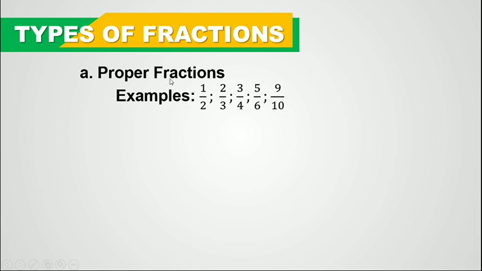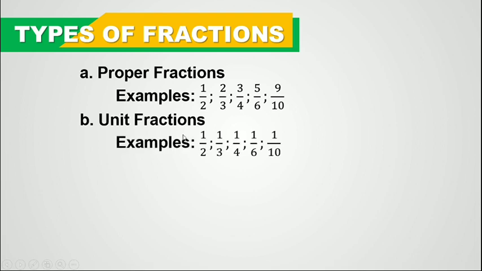Now, we also have what we call the unit fraction. Examples are 1/2, 1/3, 1/4, 1/6, and 1 over 10. As you can see, their numerators are just 1. Actually, unit fractions are a special type of proper fractions.